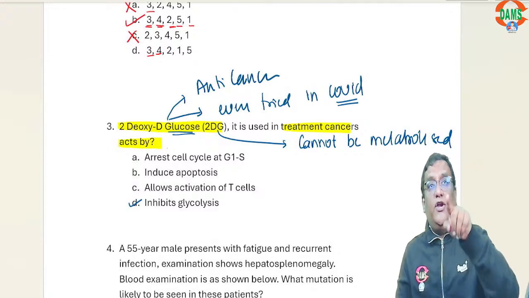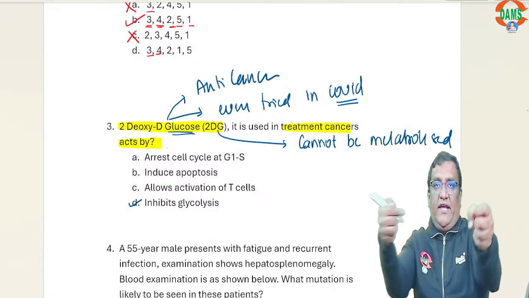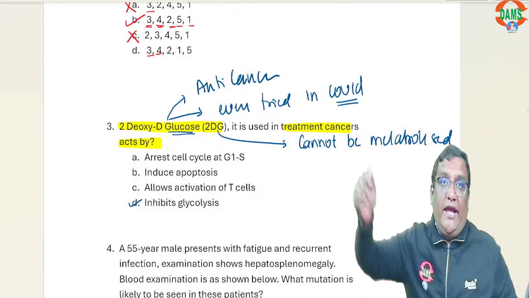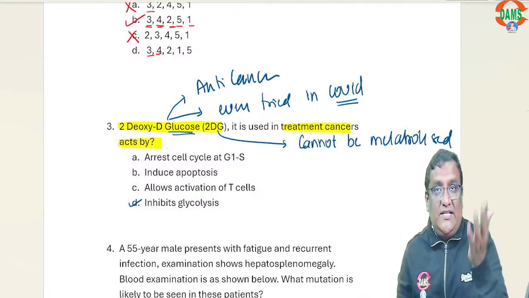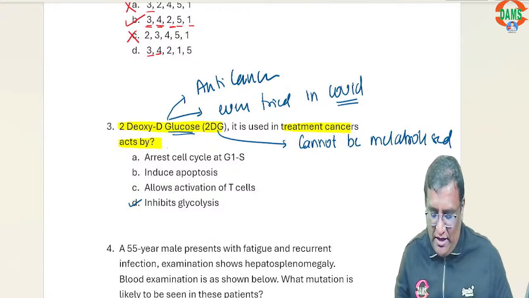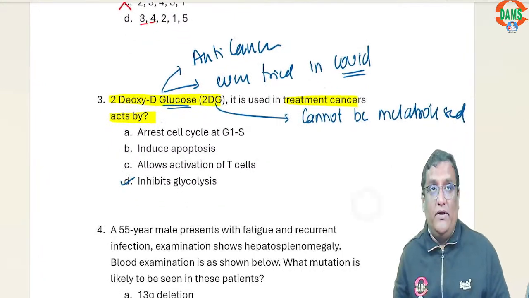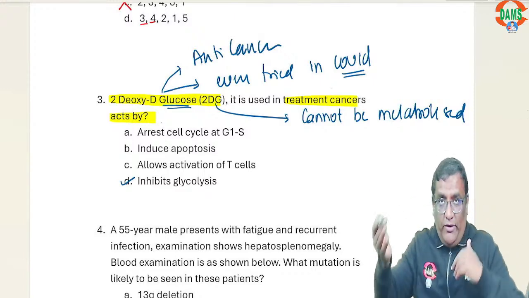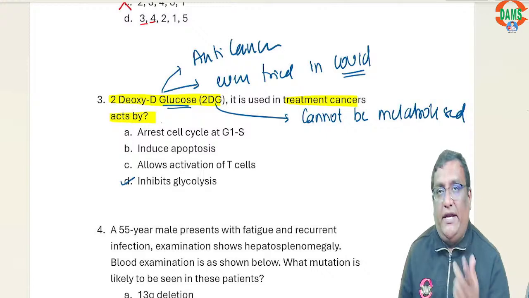But remember, due to Warburg effect, if I inject 2-deoxy-D-glucose, tell me which cells will take up more of this glucose. This is like a glucose molecule. Which cells will take up more glucose? Cancer cells will be taking more glucose. Why? Because of Warburg effect. Because they take up more glucose, but none of these glucose molecules are going to be what? Metabolized.